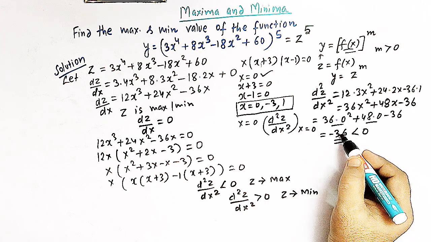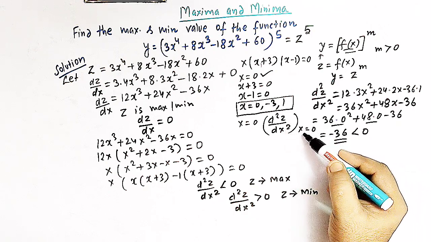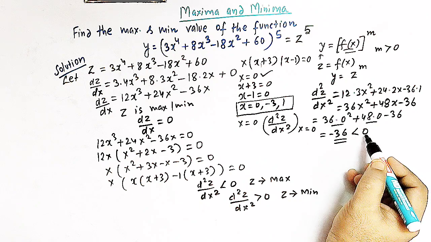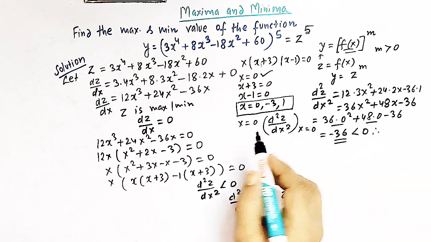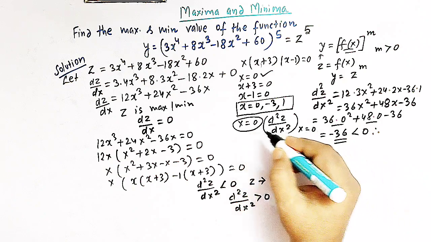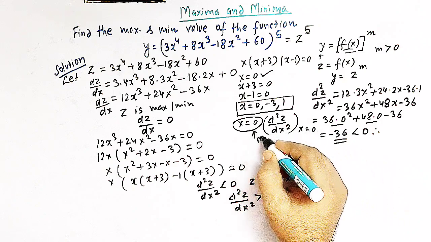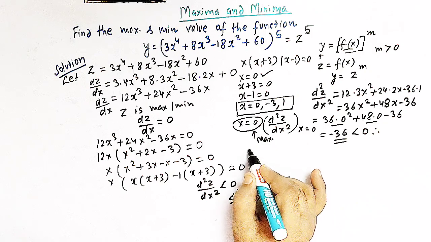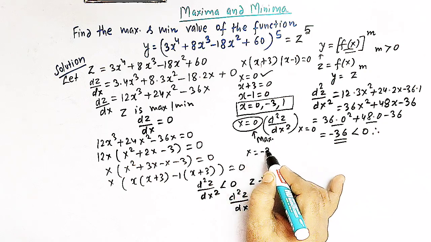Here the second derivative at x equal to 0 is negative, that is less than 0. So we can conclude that x equal to 0 is a point of maxima. Okay, now let us take x equal to -3.